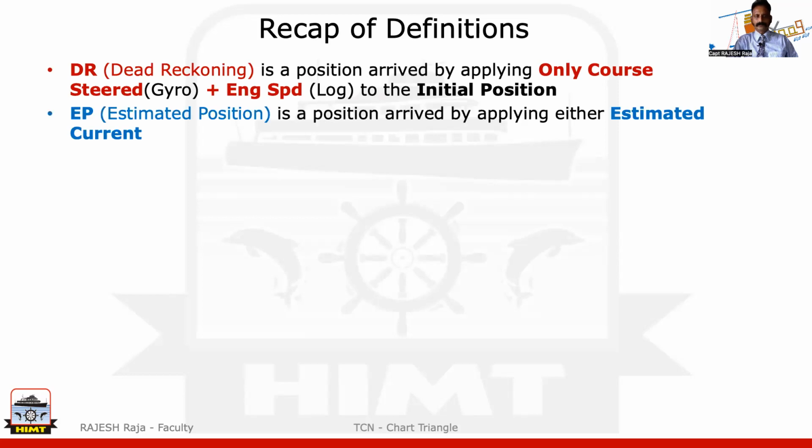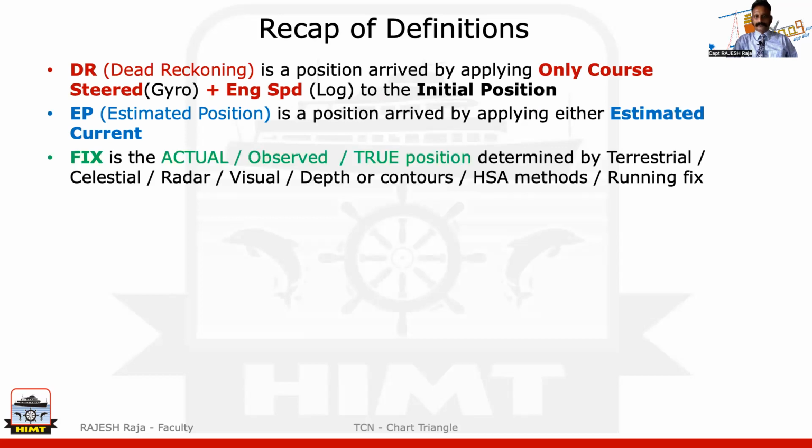Then we even saw what is estimated position. So you arrive at estimated position whenever you have estimated environment. So estimated environment earlier was the current. And then the last important definition as far as your chart work triangle is concerned is a fix. So fix is your actual or the true position, your observed position.